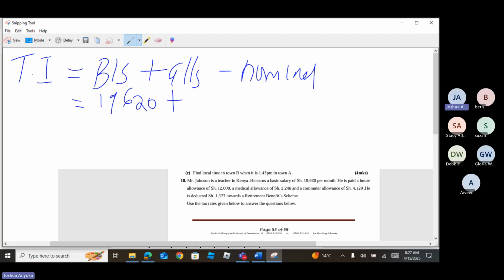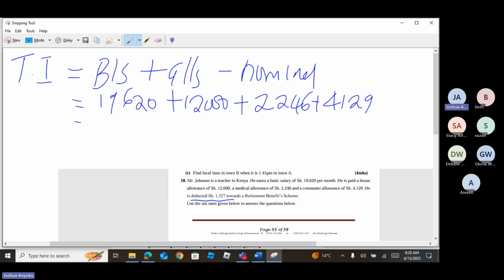He is paid house allowance of 12,000 plus medical allowance of 2,246 plus commuter allowance of 4,129. He is deducted, so we don't need this amount here. This amount of 1,327 is not an allowance. It is a deduction, so it is not earned. We don't add it to the figures there. It will be considered as a deduction way later.